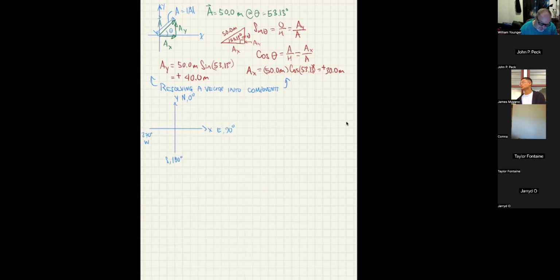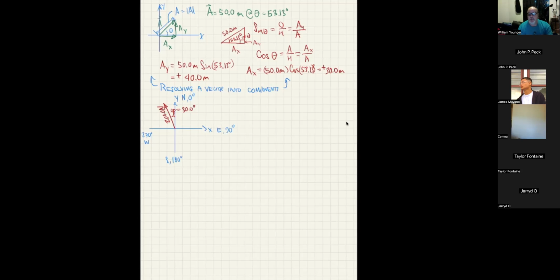Okay. Now, what vector could I use? Well, I'm going to stick a vector right here. And I'm going to say that this angle phi is, let's say, 30.0 degrees. And let's say that this is 200.0 newtons.